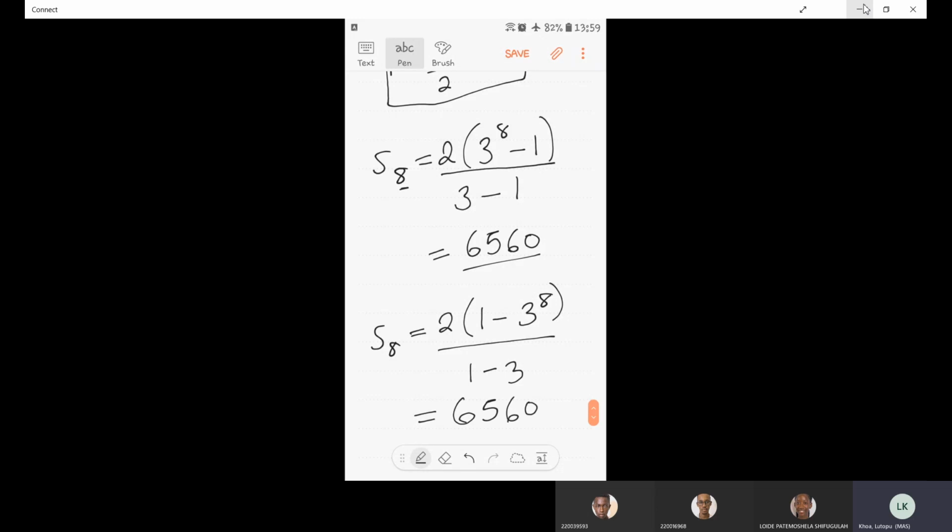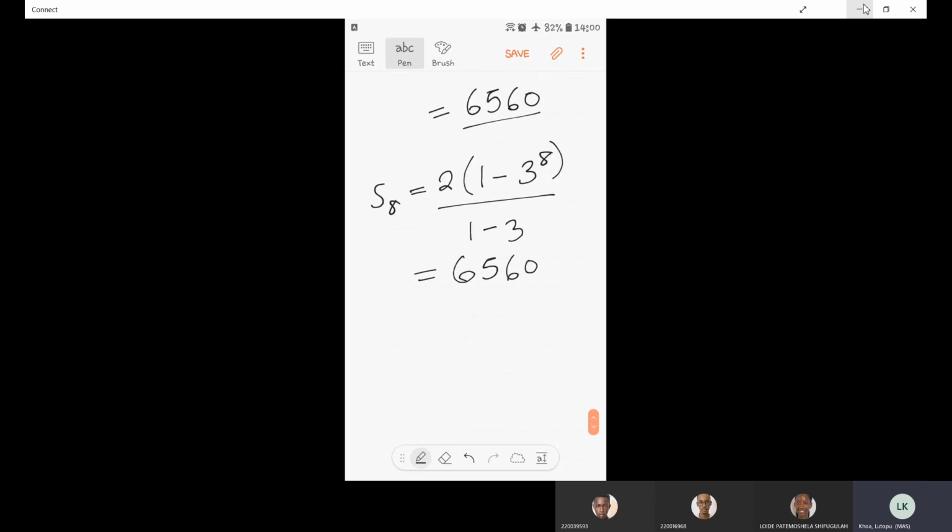So it doesn't matter which of the formulas you use. You're not really restricted that you must use the first one when R is greater than 1, or you must use the second one when R is less than 1. It doesn't actually matter, because in either case your answers will be exactly the same.